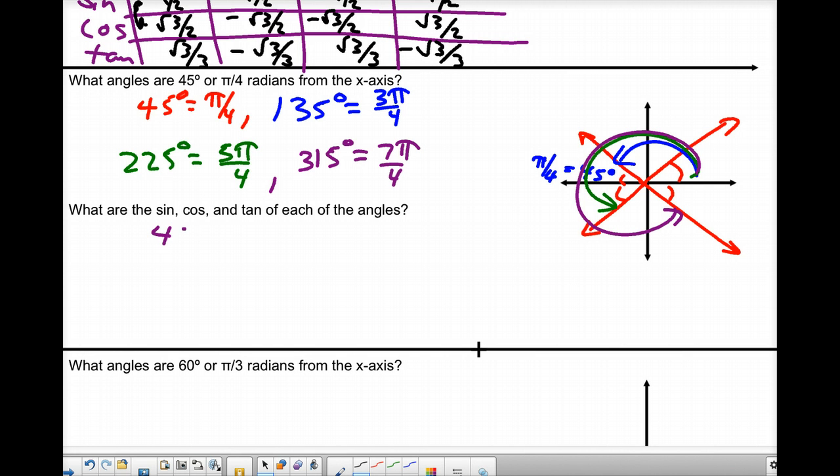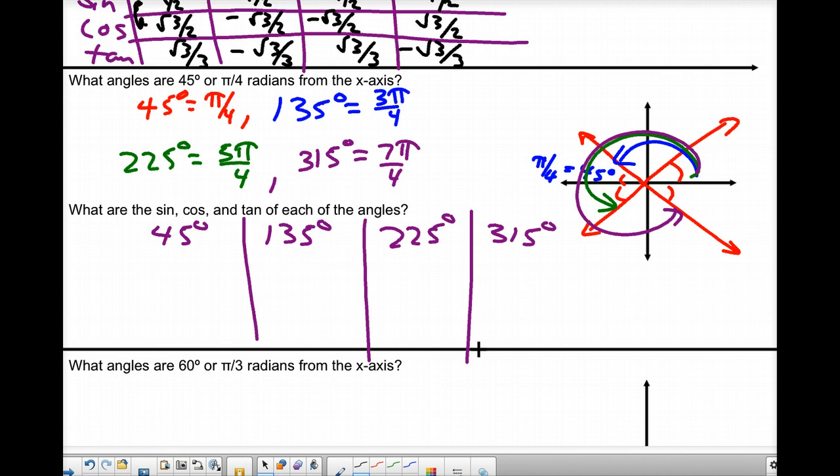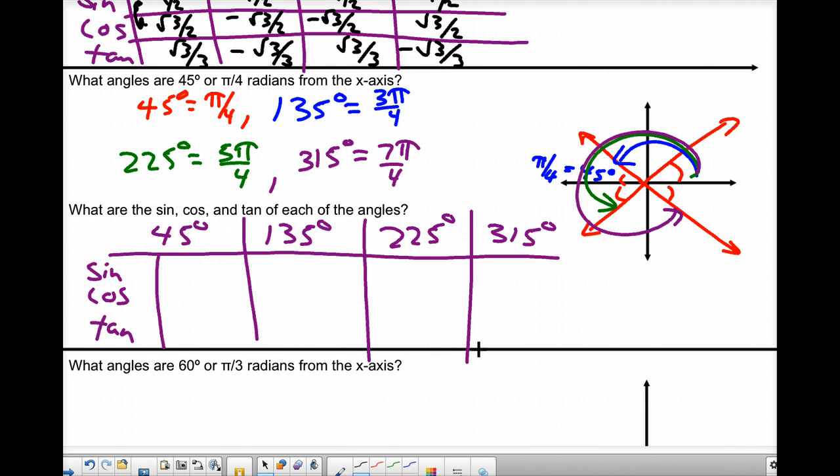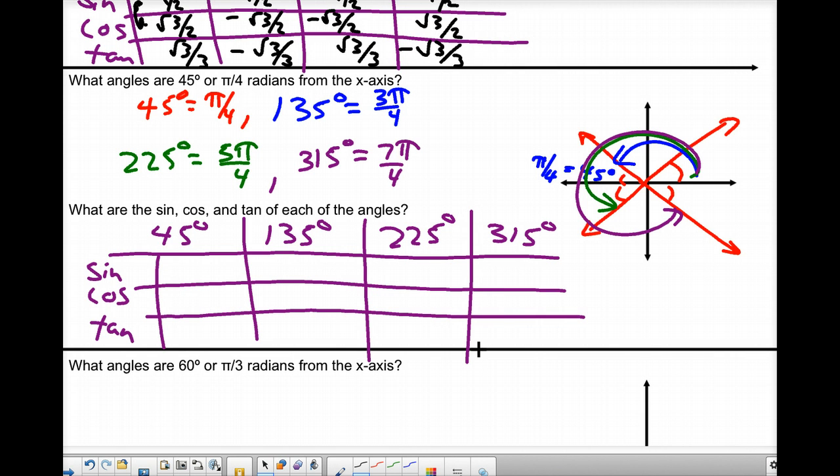Okay, so I'm just going to list the degrees again. We'll do sine, cosine, tangent. Sine of 45 is √2 over 2. So these are all going to be some form of √2 over 2.